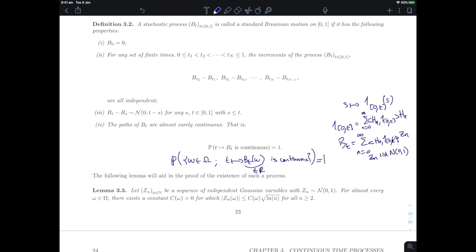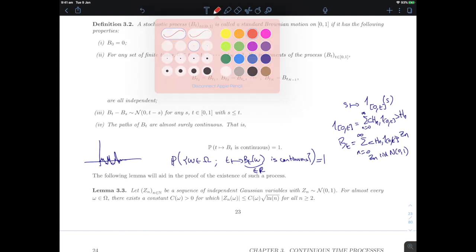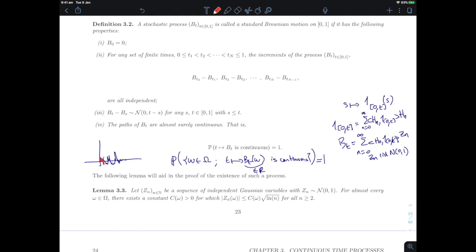So one way to picture that is that your Brownian has to start at 0, but you give me an omega, and I get a certain trajectory of the Brownian, and you give me a different omega, and I'm going to get a different trajectory. So this thing in purple and the thing in red are two different trajectories of the Brownian for two different choices of omega.